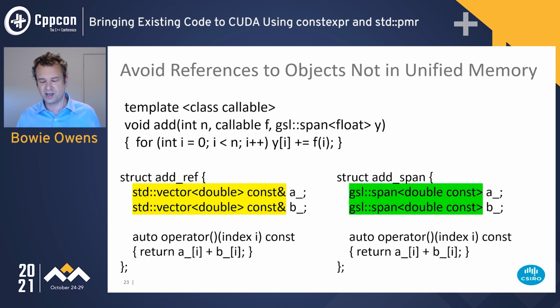Now, naturally, you might want to structure these sorts of types to hold references to the vectors that they're going to be working over. But even though you're passing the callable object f by value, because it contains references to other vectors, these might be in memory that's inaccessible to the GPU.